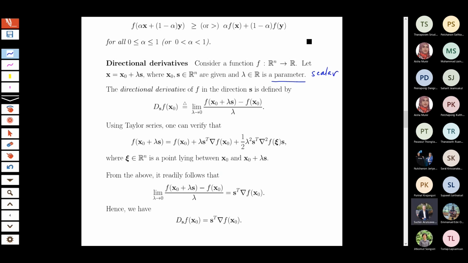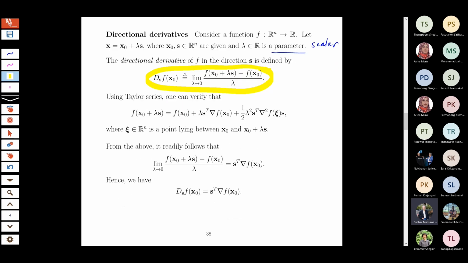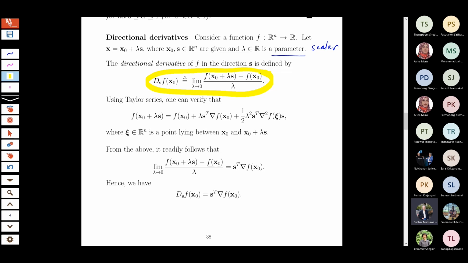The directional derivative of the function f in the direction s is defined by this. Here we use the Gateaux definition of derivative. The directional derivative of the function f in the direction s at the point x naught is defined as the limit as lambda approaches 0 of f of x naught plus lambda s minus f of x naught, divided by lambda.